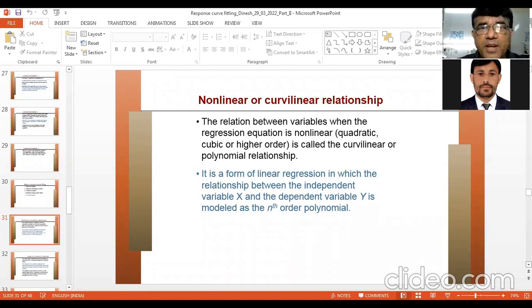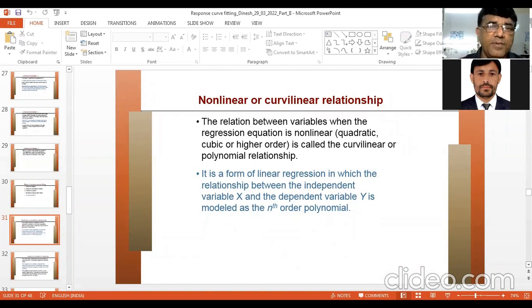When the regression equation is non-linear, quadratic, cubic, or higher order, it is called a curvilinear or polynomial relationship, where you can have x square, x cube, and so on. It is a form of linear regression in which the relationship between independent variable x and dependent variable y is modeled as an nth order polynomial.